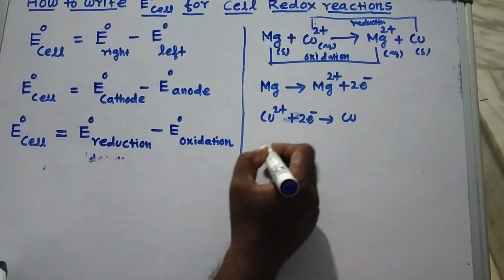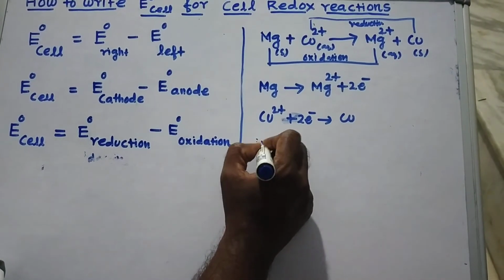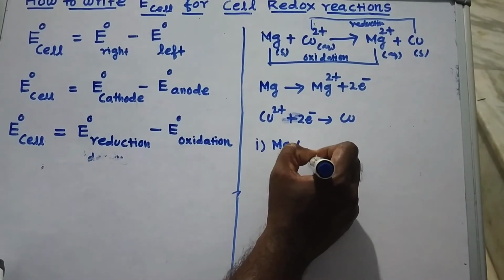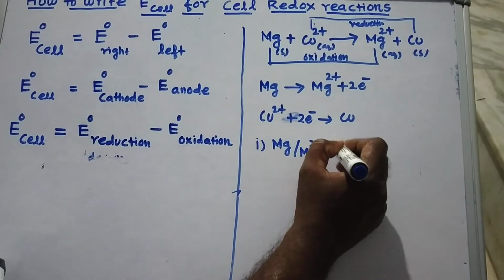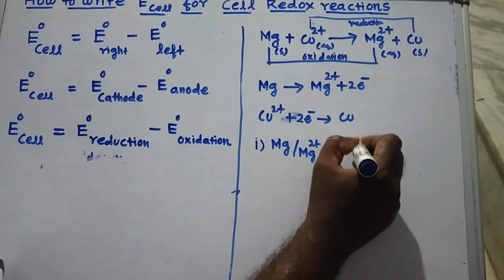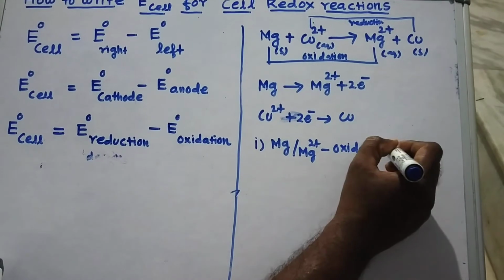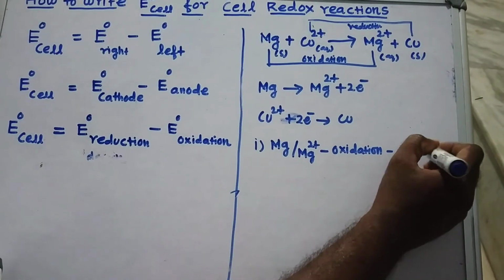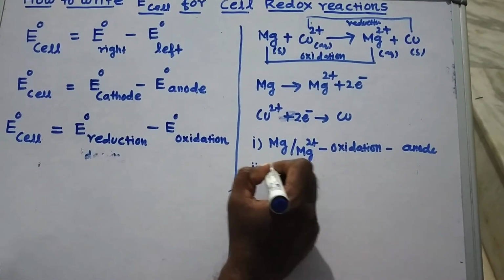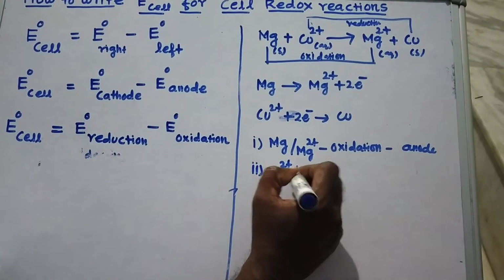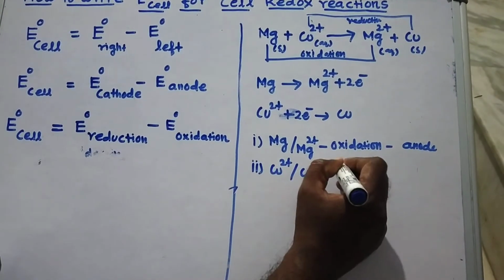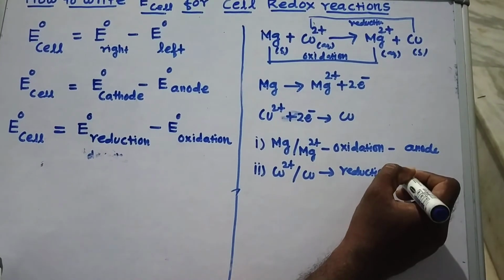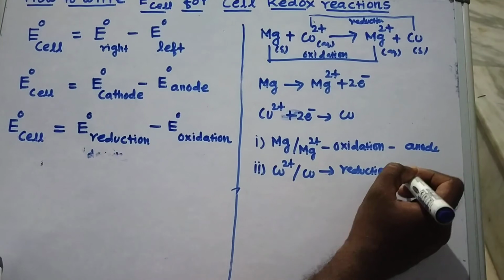So, Mg becomes Mg2 plus, and this is called oxidation. The electrode in which oxidation takes place acts as an anode. Similarly, Cu2 plus becomes Cu. Here reduction takes place. Therefore, the cell in which reduction takes place becomes a cathode.